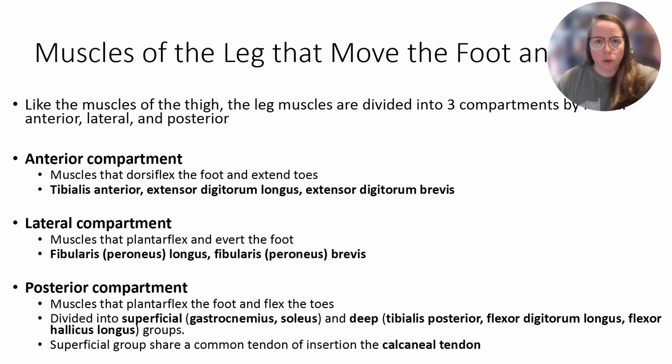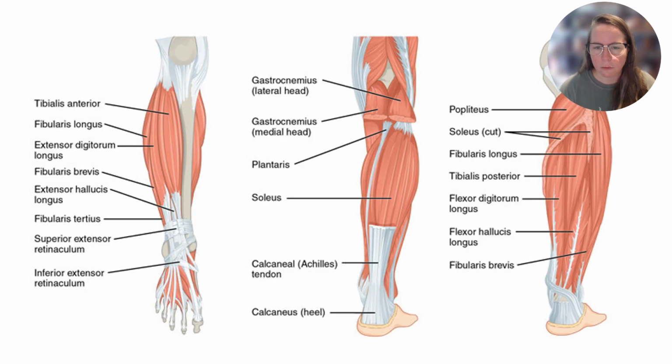The superficial group is going to connect together at the calcaneal tendon, the Achilles tendon, and connect to the calcaneus. So that's what we were looking at in our first video when we were talking about second class levers. We were looking at that superficial group as it connects to the insertion site of the calcaneus.